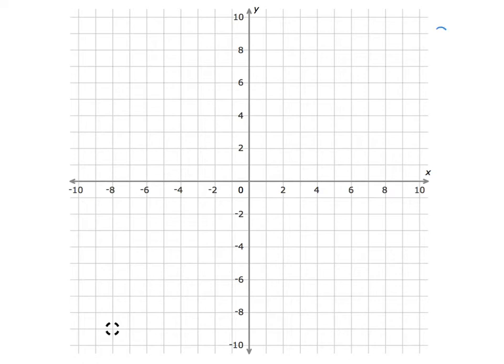Okay, now let's have a look at x is less than or equal to 4. Since we have that equal part of the sign, we're going to have a solid line going through 4.